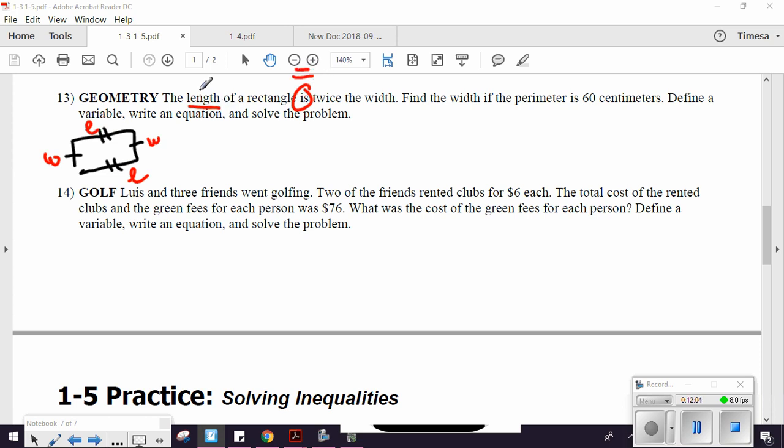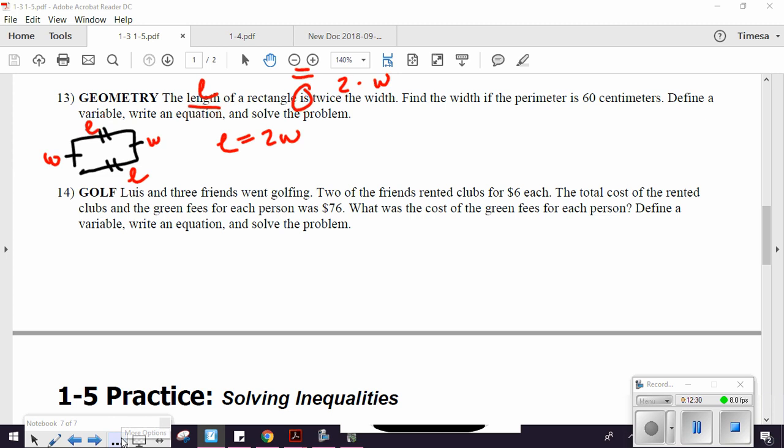So length, the variable for length is L. So length L equals twice the width. So if width is W, twice W is 2 times W. So in other words, we know that L is equal to 2W. That's what that means.